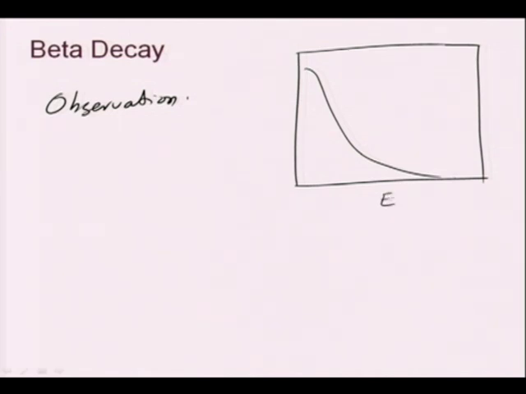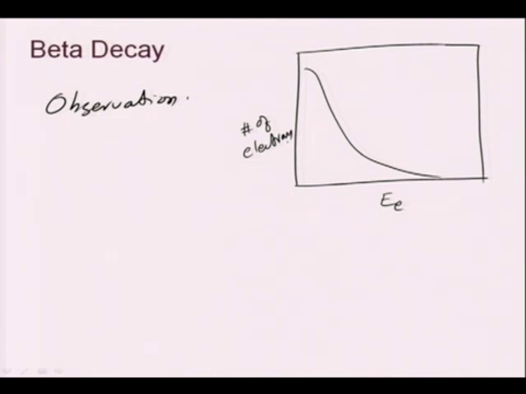That is, if you measure the energy of the electron, there are electrons with very small energy, and there are also some of the electrons having large kinetic energy, right. So, if you plot the number of electrons versus the energy, typically you get this kind of a spectrum, which means the energy of the electron coming out from the beta decay is not fixed.